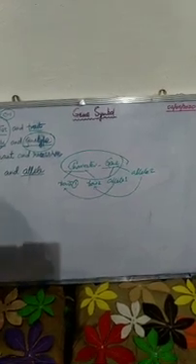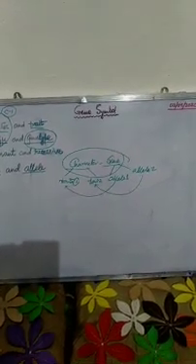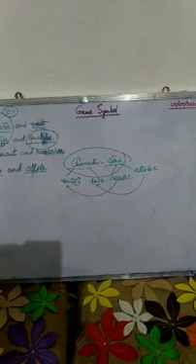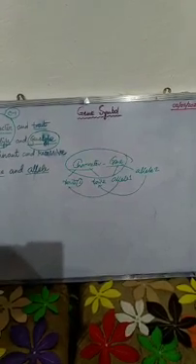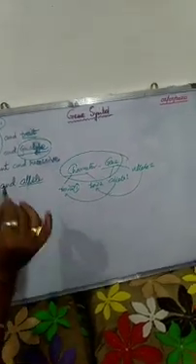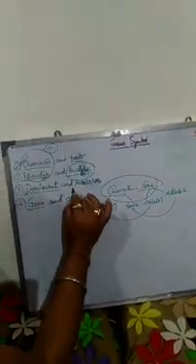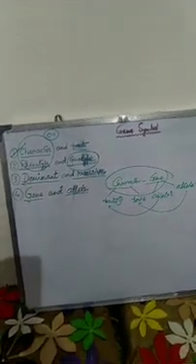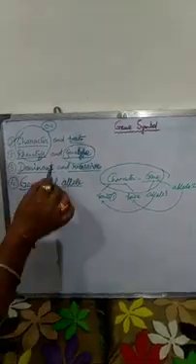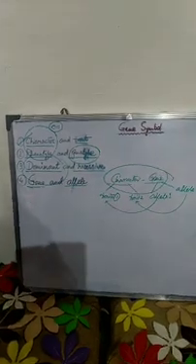So this is the basic principle of how genes govern the characters, and the alleles, the different forms of the gene, express different forms of the character, that is, traits. Mendel also understood that there are two types of alleles actually. One is a dominant one and the other is a recessive one. From the name itself, it's very clear that a dominant one is powerful and a recessive one is weak.